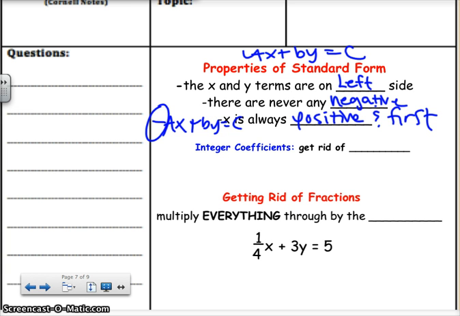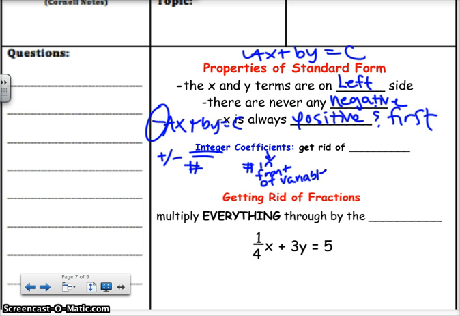Okay, so integer coefficients is the next concept. Integer means a positive or negative whole number, not a fraction. A coefficient is a number in front of a variable.